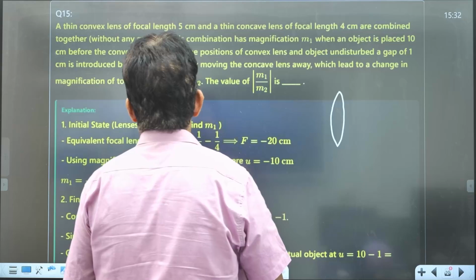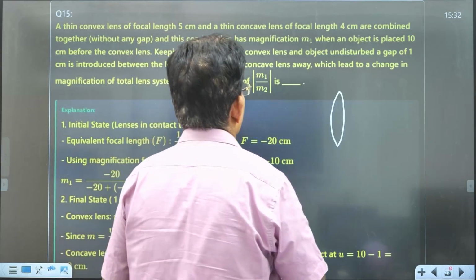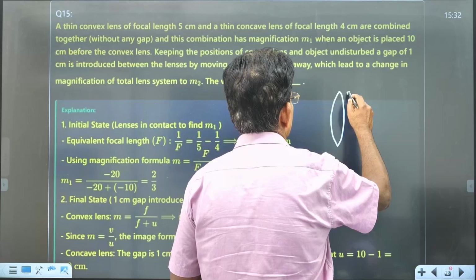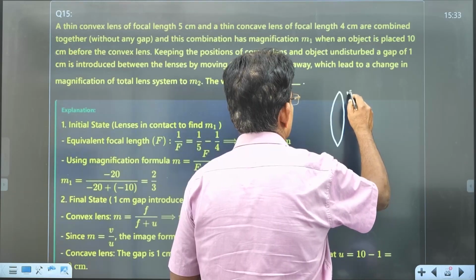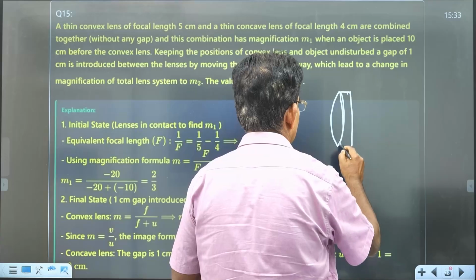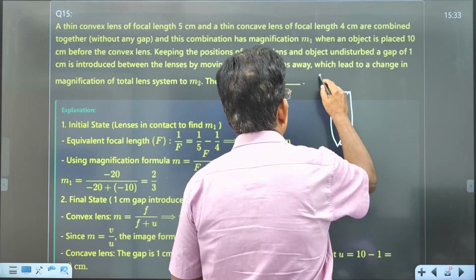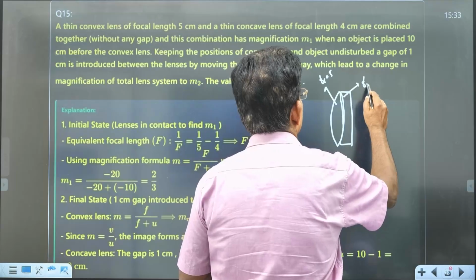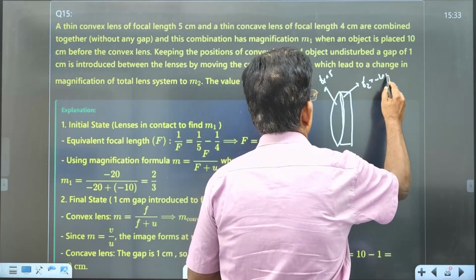One is a convex lens of focal length f1 equal to 5 centimeter, the other is a concave lens of focal length f2 equal to minus 4 centimeter.